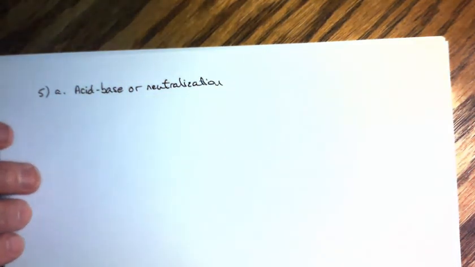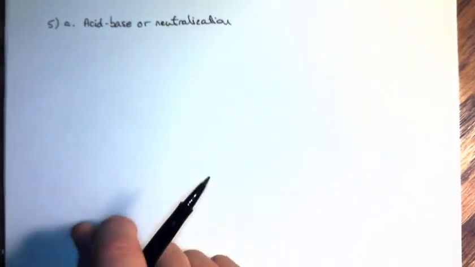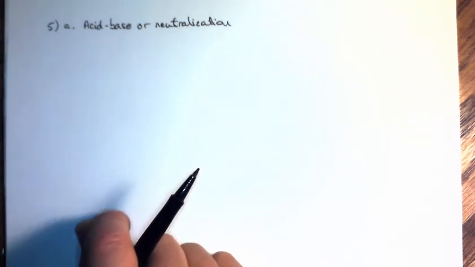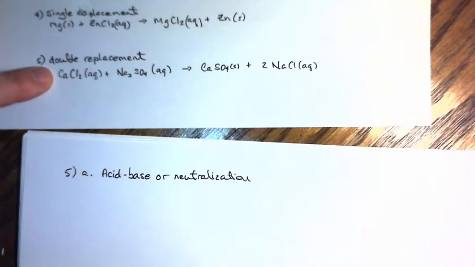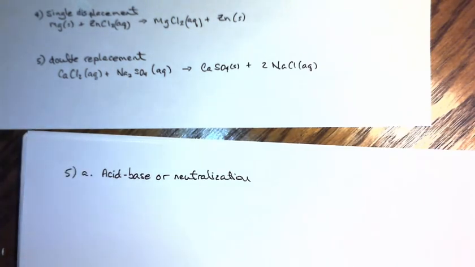Now, I prefer acid-base, but there's a caveat here. If we have an acid-base reaction, you have to identify it by its major category and its subcategory, okay? If it's an acid-base reaction, you're going to identify it both as double replacement and acid-base, okay? So you get credit for both names. You only get half credit if you only name it one thing.